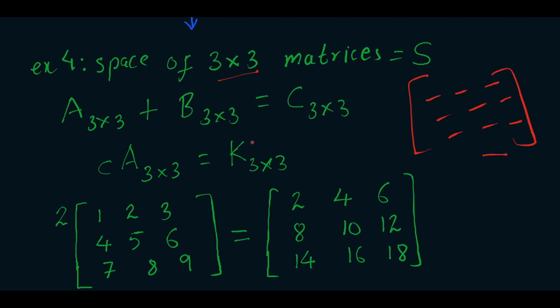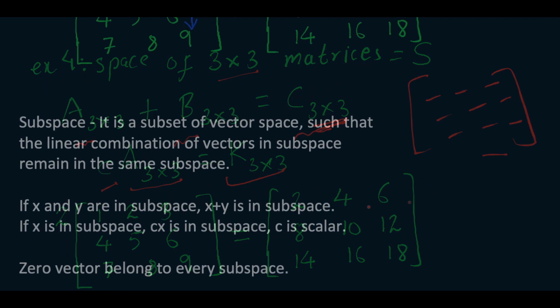We can take a matrix A of 3 by 3, and a matrix B of 3 by 3, and when we add them, we get another matrix which is also 3 by 3, and all those numbers will be real numbers. Similarly, when you multiply a matrix by a constant, you get another matrix which is in the same space as the original matrix. That is, our vector space does not change, hence this is a vector space.